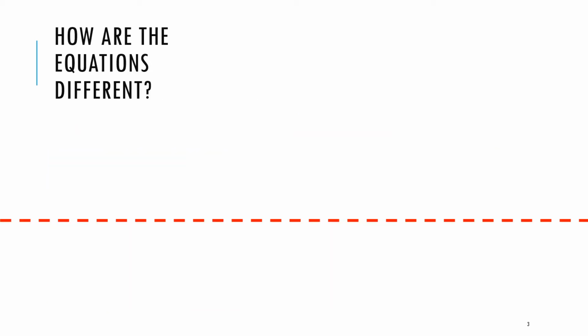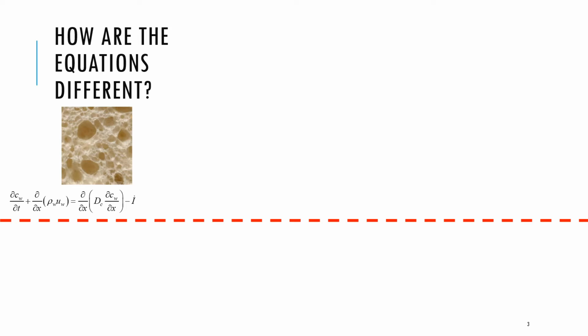So the transport equations in porous media, like this one for water, look very much like transport equations for a simple two-component system, like diffusion in water, like this one.